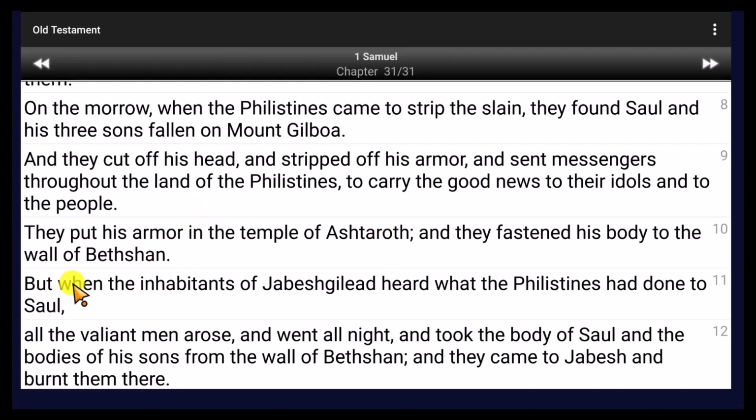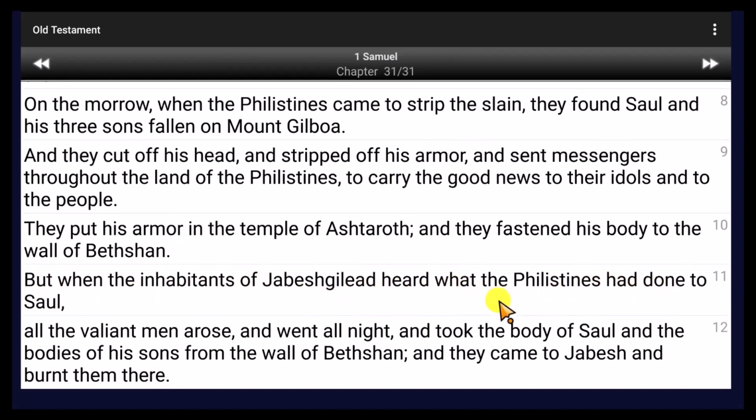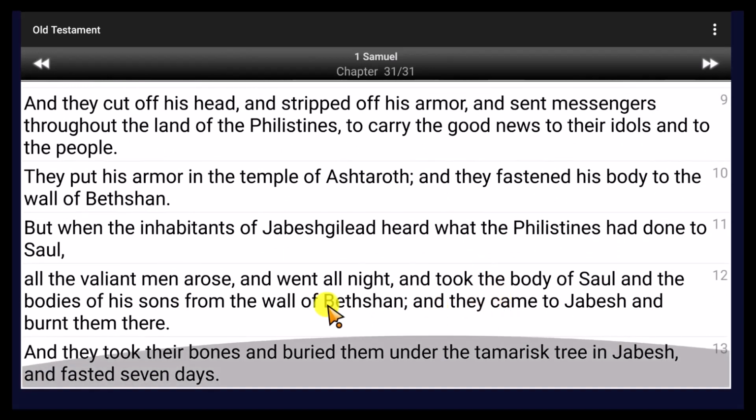But when the inhabitants of Jabesh Gilead heard what the Philistines had done to Saul, all the valiant men arose and went all night and took the body of Saul and the bodies of his sons from the wall of Bethshan, and they came to Jabesh and burnt them there. And they took their bones and buried them under the tamarisk tree in Jabesh and fasted 7 days.